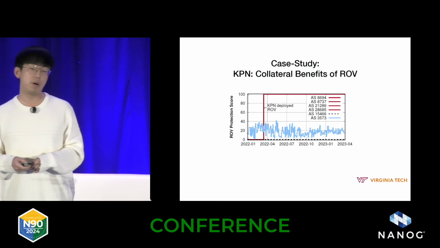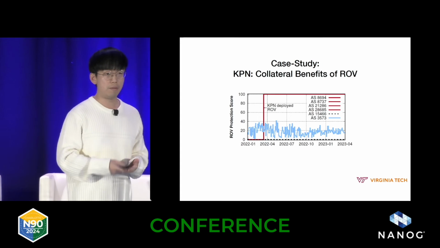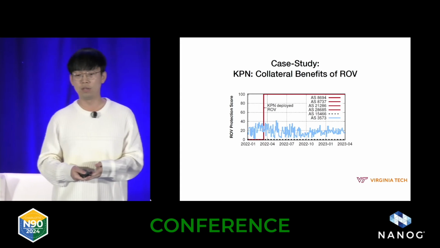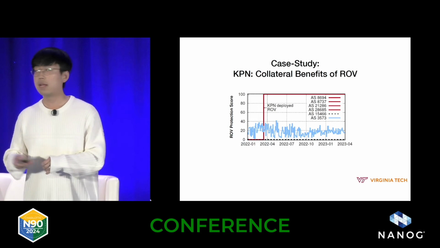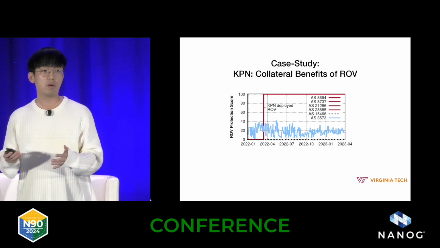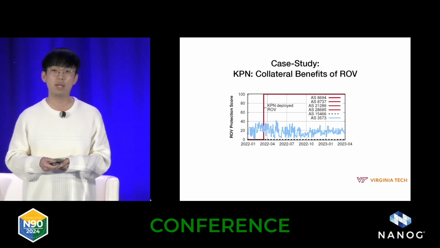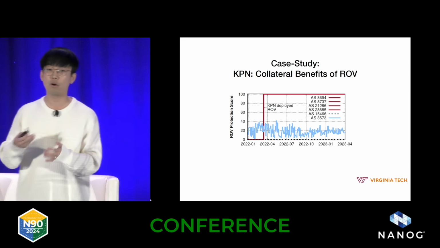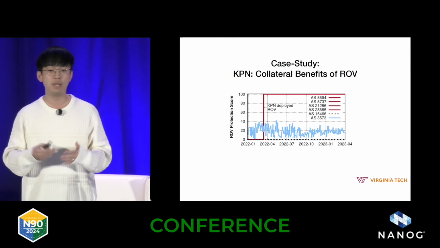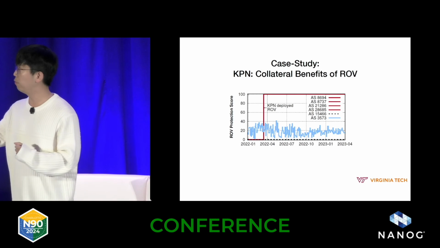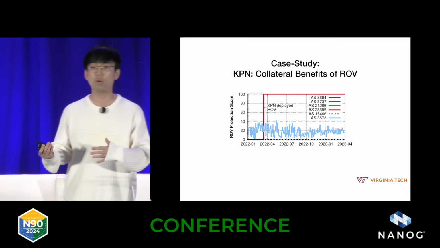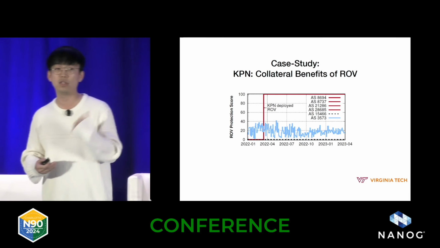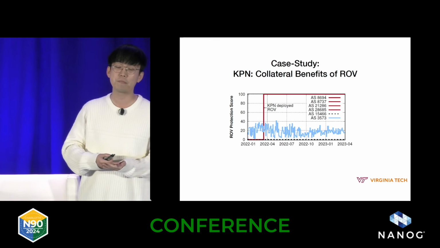The other one is about collateral benefit. KPN deployed ROV in March 2022, and a number of their customers can also get some benefit from this ROV policy of KPN. We measured 6 ASes. For 4 of them, we found that their scores also jumped from 0% to 100% on the same date.